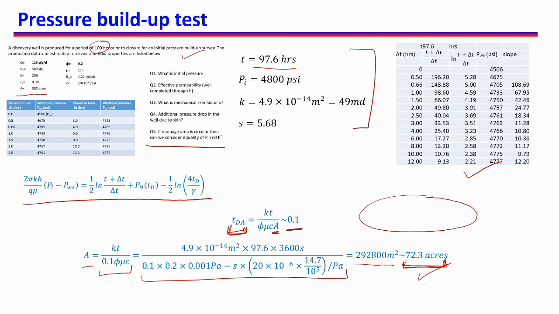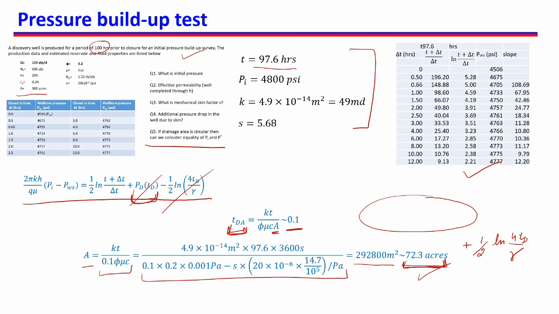So if we are in transient state, we know what PDTD is. So do you remember what PDTD is for transient state? So it was 1 by 2 ln of 4 TD by gamma positive. So if we do that, we see that this quantity and this quantity cancel out when we are in transient state.